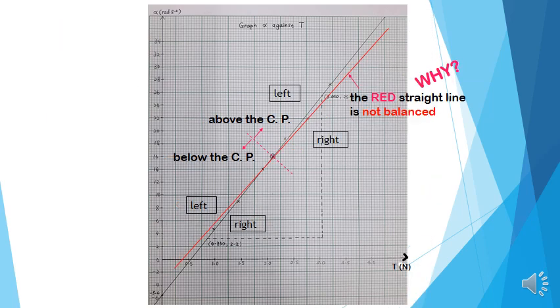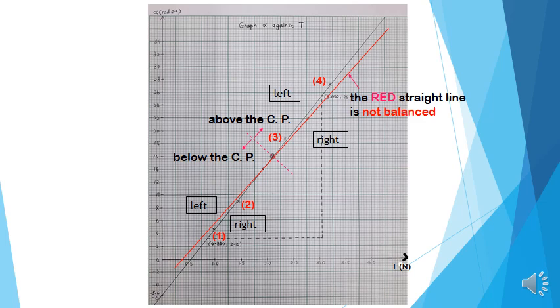If the red straight line is drawn as a balanced best fit line, it is incorrect and not balanced. Why? Even though the red straight line passes through a centroid point and 2 data points, there are also 4 data points deviated from the red straight line. 1, 2, 3, and 4.